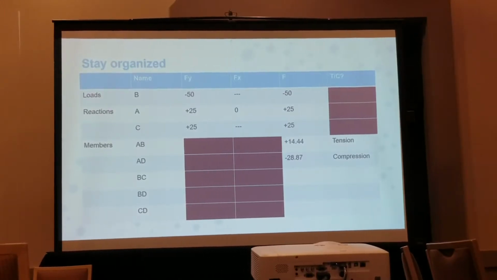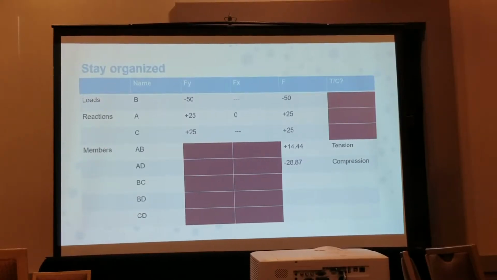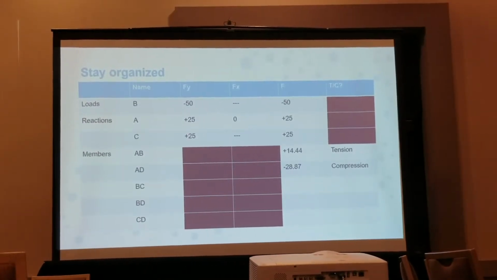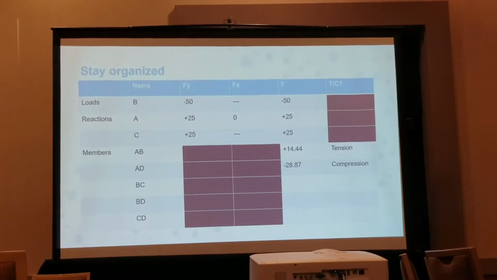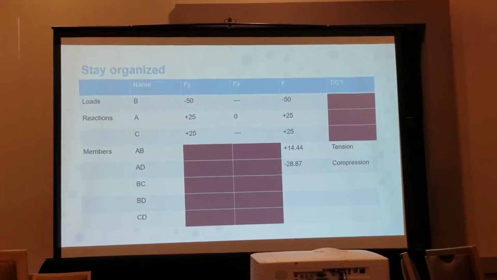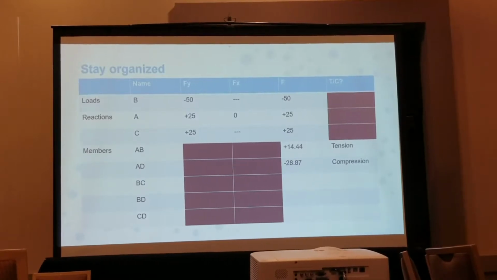This gets important because, and again, we'll talk about this more in various units throughout the year, different materials behave differently under tension or compression. 5 pounds of tension is not the same thing as 5 pounds of compression. Materials behave differently.